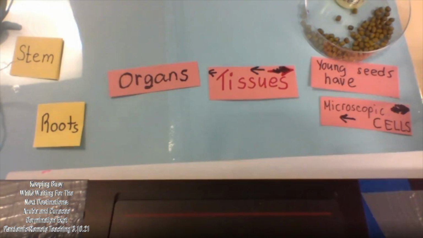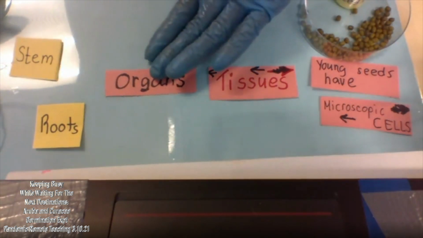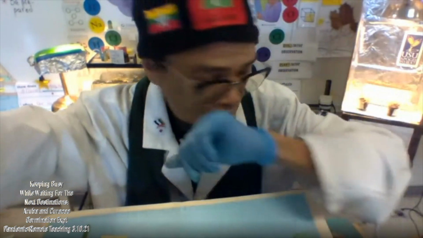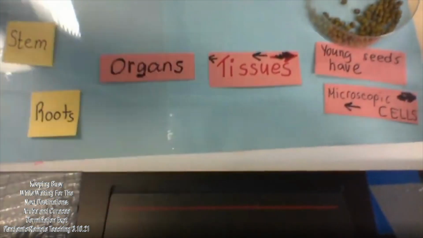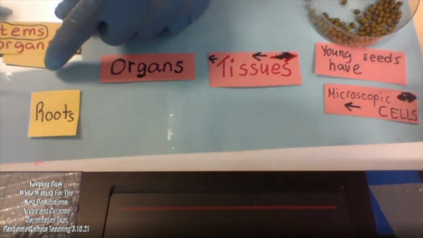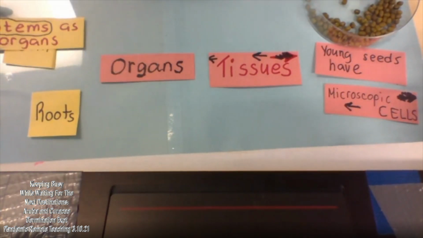Okay, class, listen and take a look. Now we're going to look at the examples. The examples of organs are the three parts of the plant that we just identified. Let me refocus the camera. So a stem is an organ. A root is an organ.